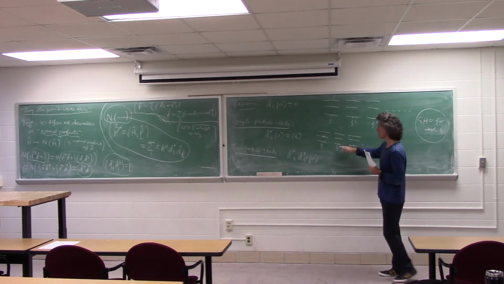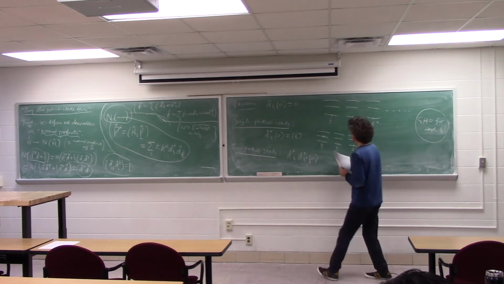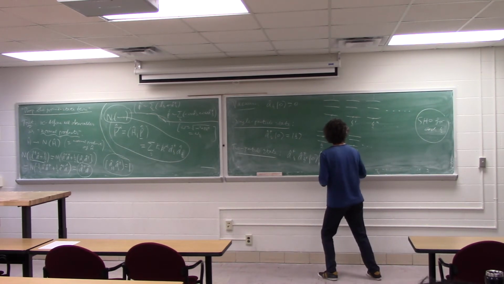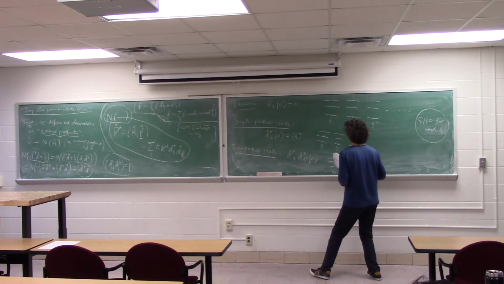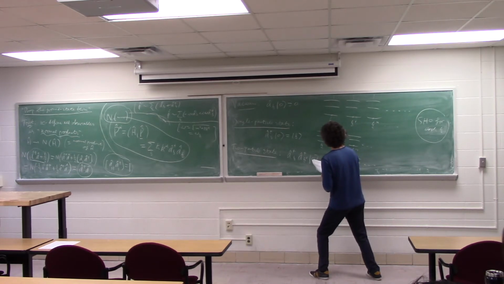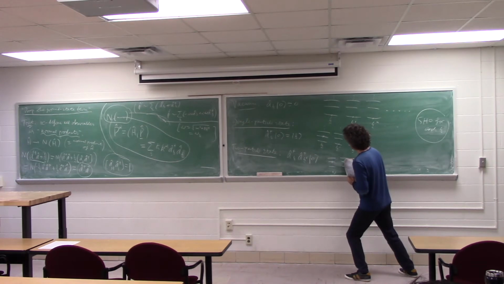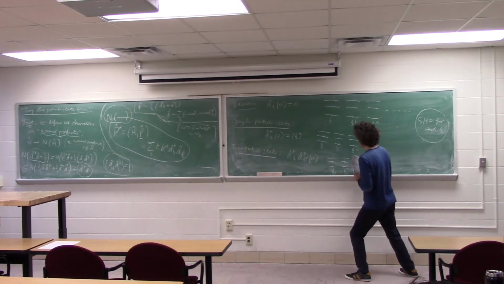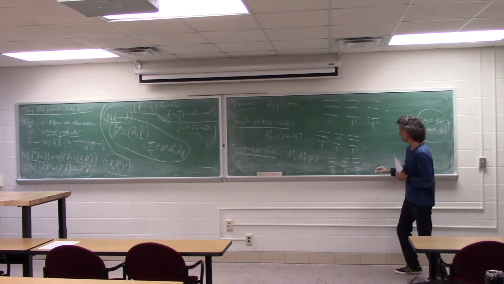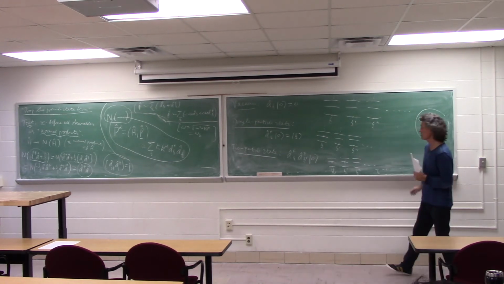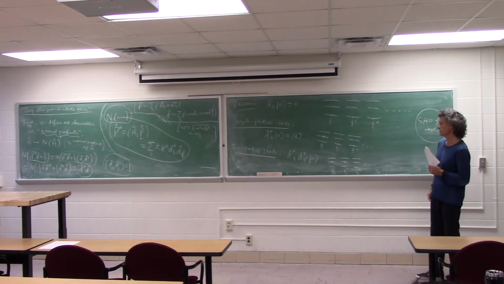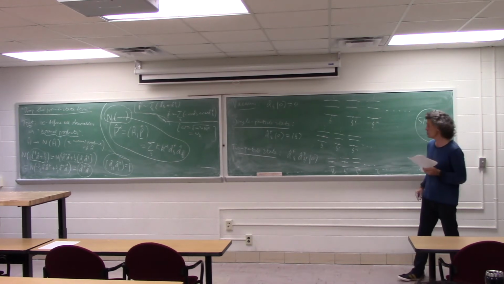I may as well draw it. Here the k mode is excited, and also the k prime mode is excited. So here's k, k prime, and the other k's, which are all in the ground state. This is a two-particle state.